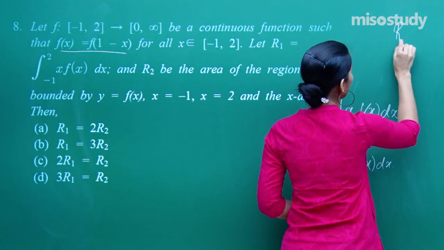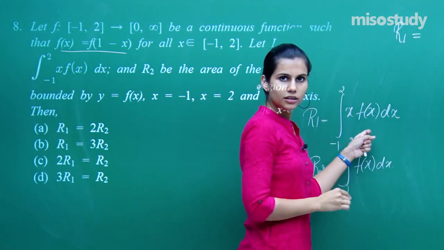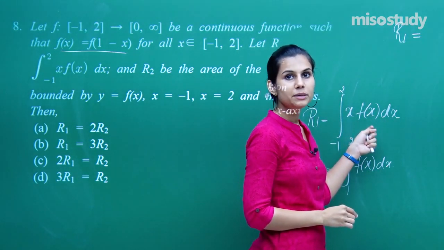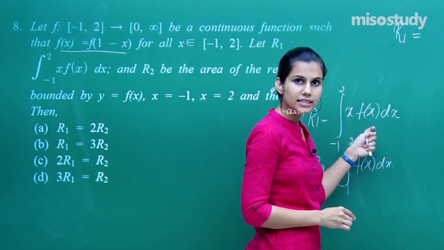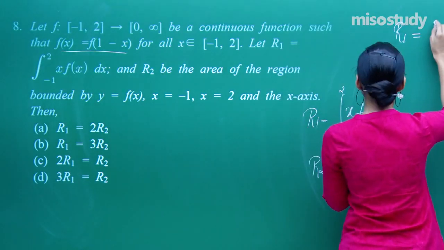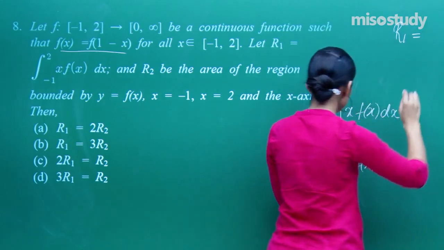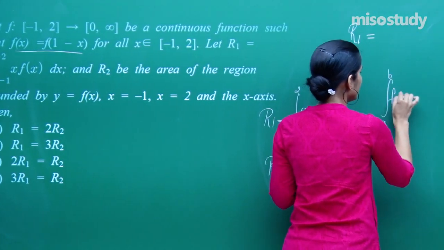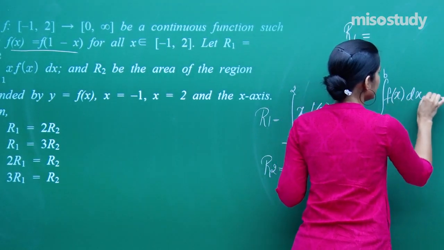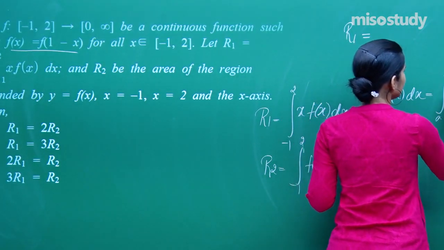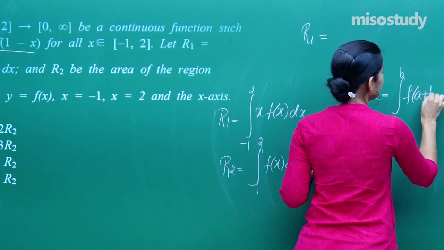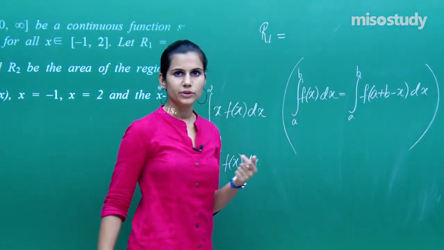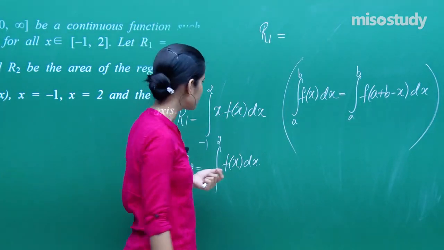If you consider R1, you know that integral a to b f of x dx is equal to integral a to b f of a plus b minus x dx. This property we know, very important for definite integrals.